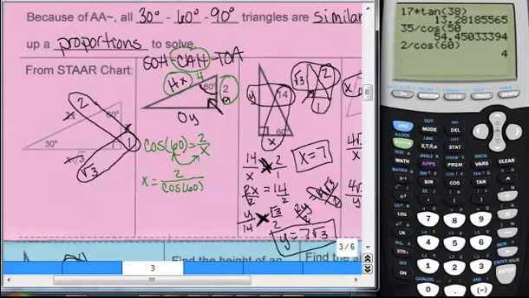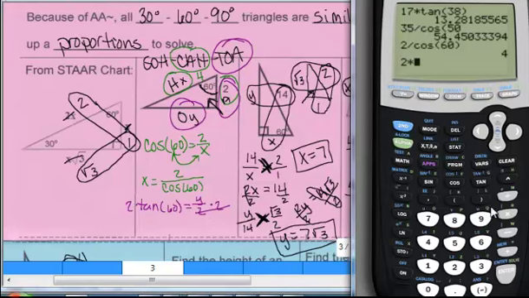And if you wanted to work the other one, then you would have adjacent and opposite, and that's tangent. So the tangent of 60 is equal to opposite over adjacent, y over 2. And then this 2, you multiply both sides by it to make it go away. So 2 times the tangent of 60, which does give you a decimal.